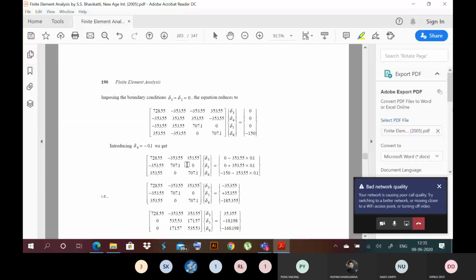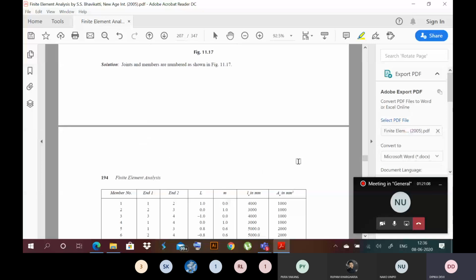Next will be beam. Which chapter do we have beam in? Let me see. If you have this Bhavikatti book, download it: Finite Element Analysis by S.S. Bhavikatti. You can freely download. I am solving all the problems from that book, and you can also go through those problems.